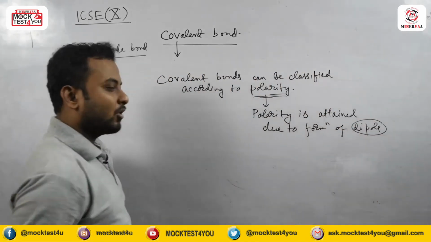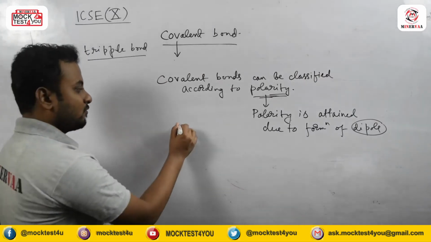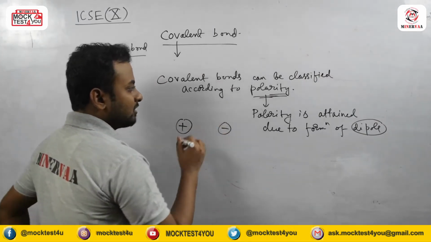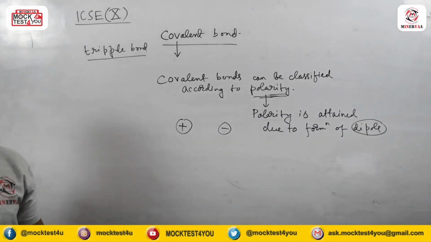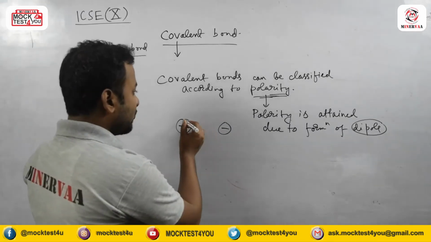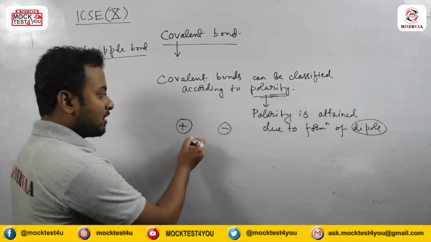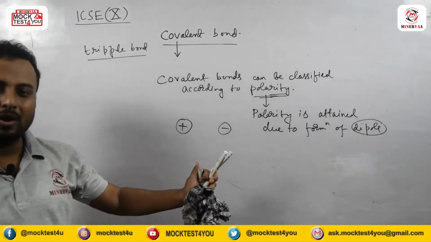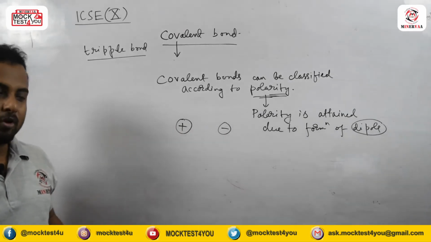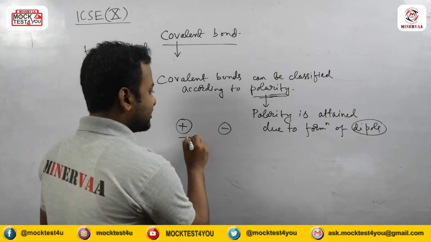Dipole means two poles are formed. One is positive, one is negative. So charge separation will be there, simple. So why will charge separation occur? Because when there is an electronegativity difference between the two atoms forming a covalent bond, there will be charge separation.